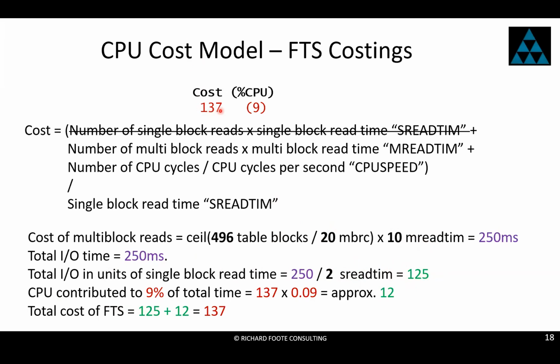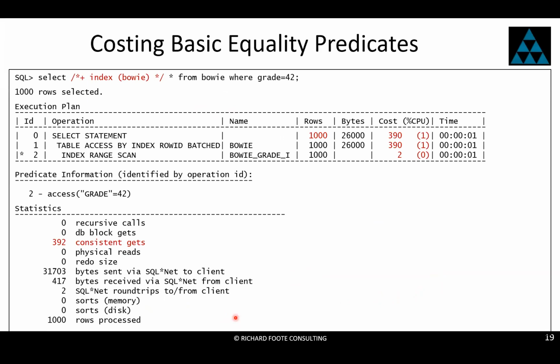The cost, though, is 137. And the reason is because 9% of that cost is CPU, because Oracle needs to calculate how much CPU I need to burn. So reverse engineered, 9% of 137 is approximately 12. So 12 units is CPU, 125 units is IO. The total cost is 137 for my full table scan.